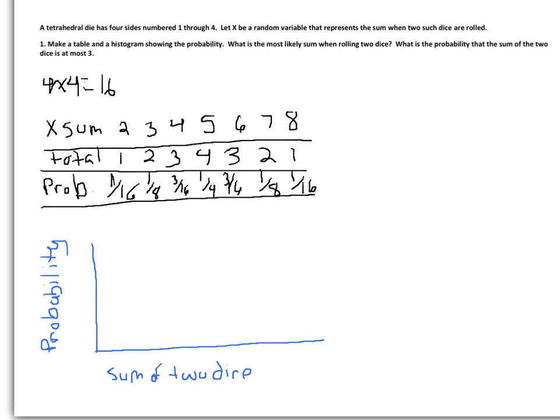So let's see, our sum could be 2, 3, 4, 5, 6, 7, 8. Our probability, just go by 1/16, 2/16, 3/16, 4. So label this.